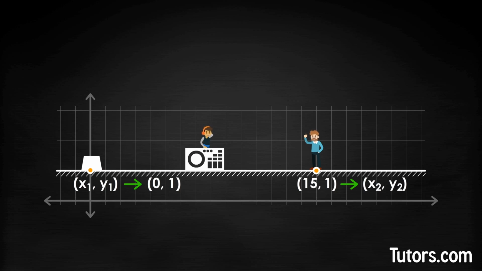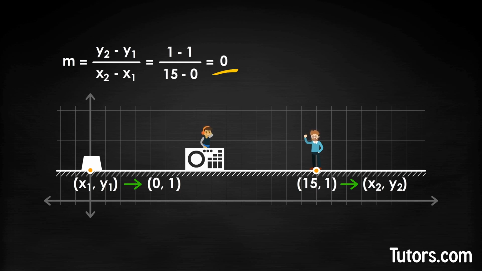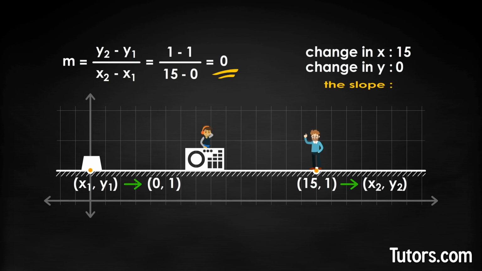We can use those ordered pairs to calculate m, or the slope. m equals (y2 minus y1) divided by (x2 minus x1). We plug in our numbers and solve for m, and we get m equals 0. Our change in x is 15, and our change in y is 0. So our slope is 0.